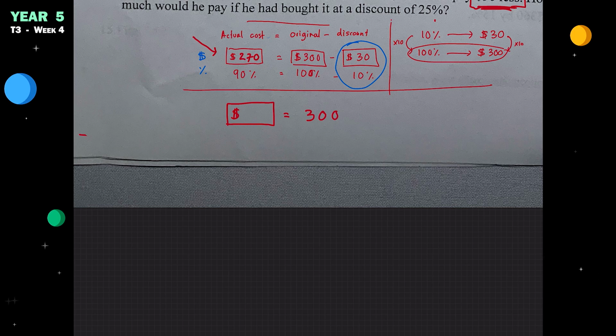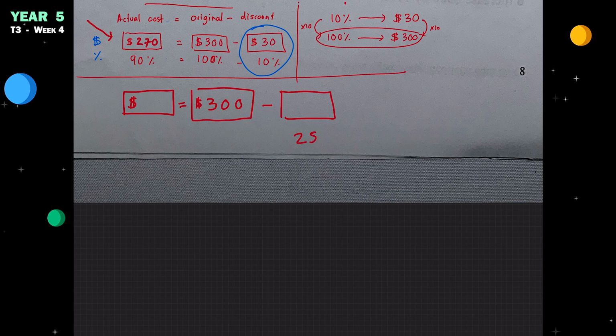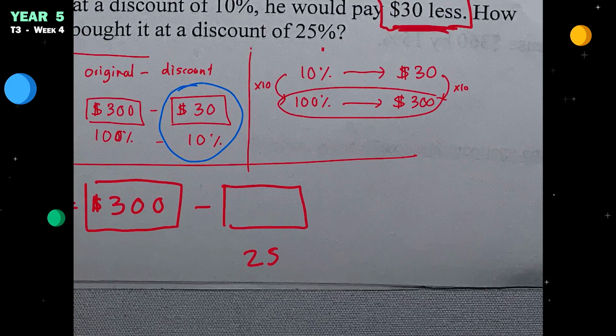Okay. And then now we're going to minus some discount amount. So this discount, we know, is 25% now. It's no longer 10%. So let's go back to this one and find out what 25% is.